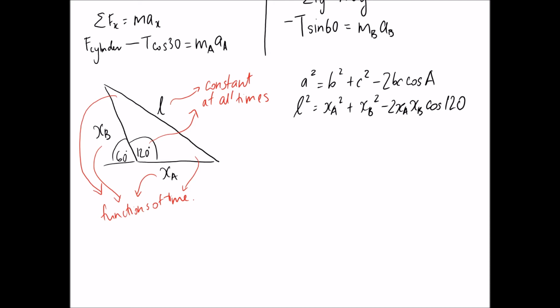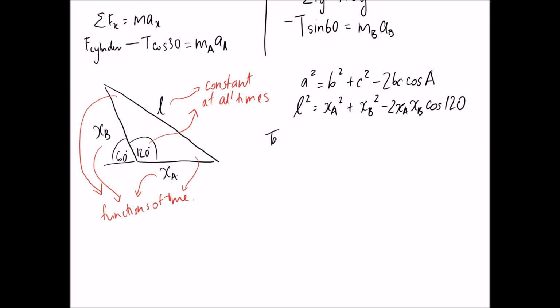So now what we need to do is take the derivative of this expression twice. And in doing that, we're going to end up with something that has xa double dot, which is the same as the acceleration of a, and xb double dot, which is the same as the acceleration of b. And that's going to form the third simultaneous equation to be able to solve the system.